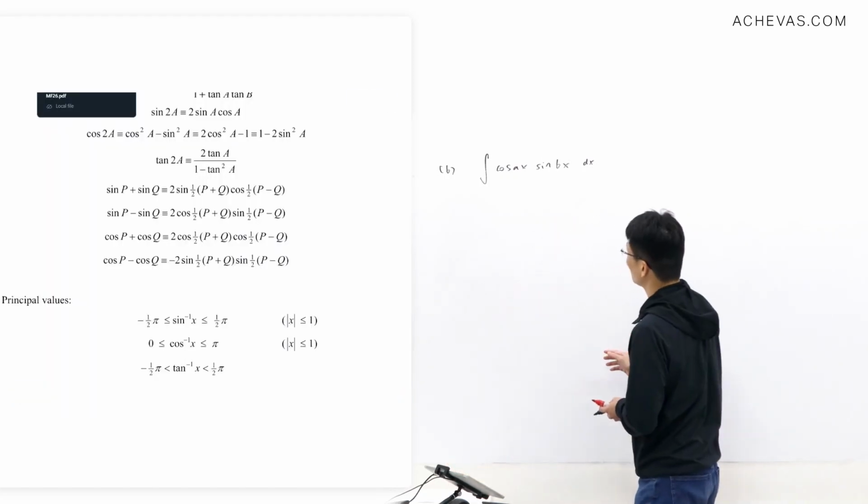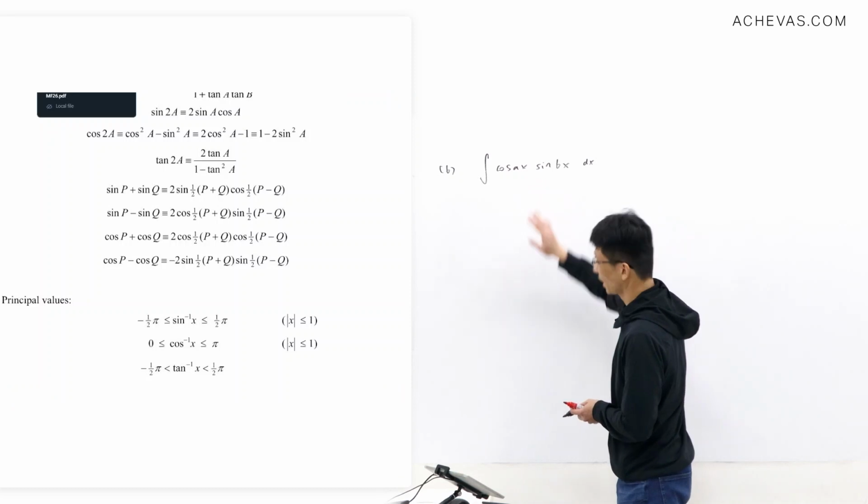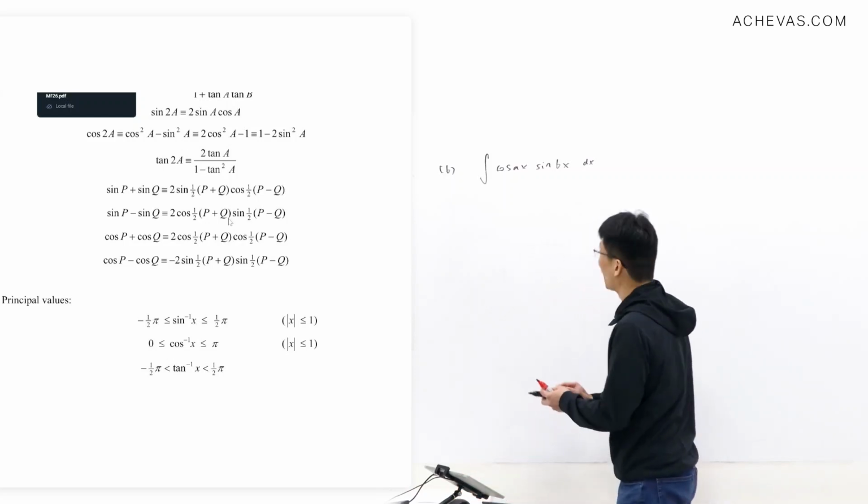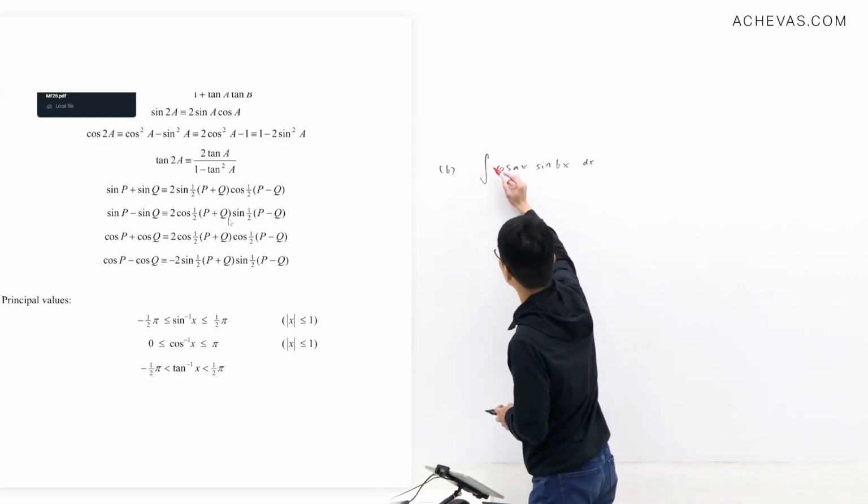You can see for this question, it's a combination of cosine and sine. So probably I'll be using the second equation here. I will do a conversion from the right-hand side to the left-hand side. You can see for all these formulae, there's a 2 in front, except for the last one, which is minus 2. So for this case, I need to add a 2 here, so I put a half outside.